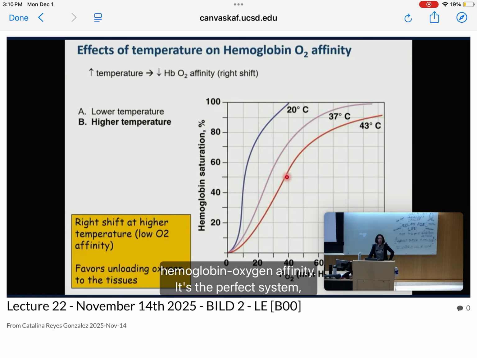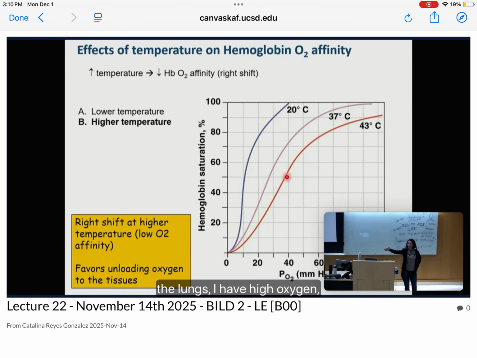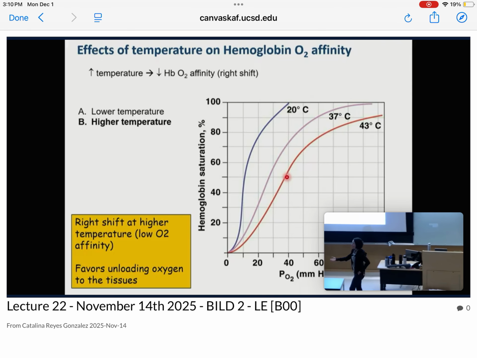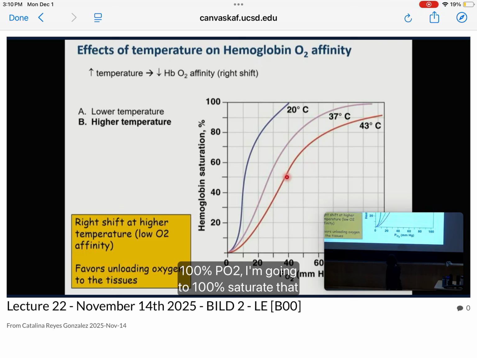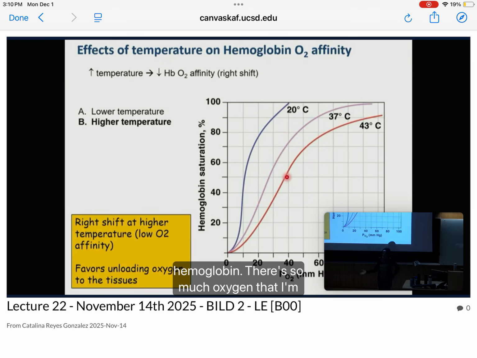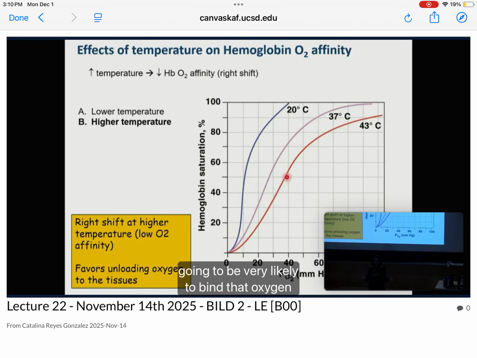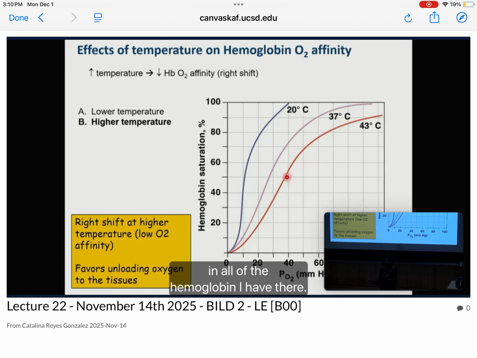It's the perfect system, right? Because at the level of the lungs, I have high oxygen, high PO2, so I'm going to favor loading it, right? 100% PO2, I'm going to 100% saturate that hemoglobin. There's so much oxygen that I'm going to be very likely to bind that oxygen in all of the hemoglobin I have there.